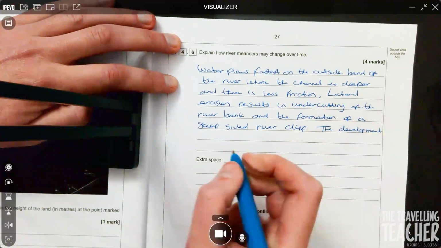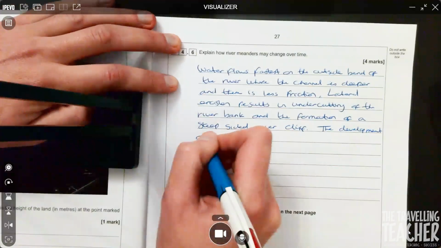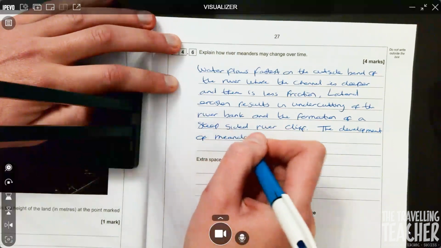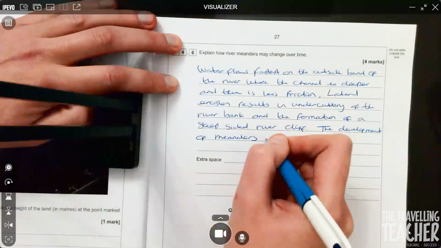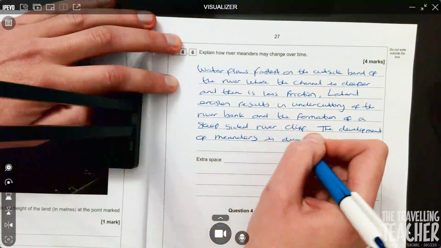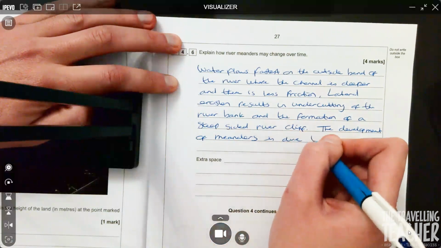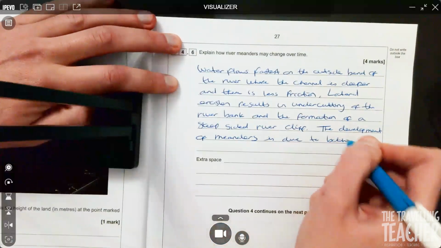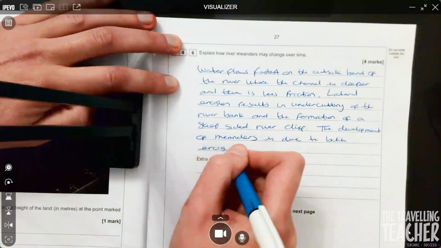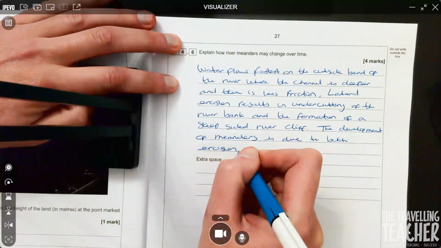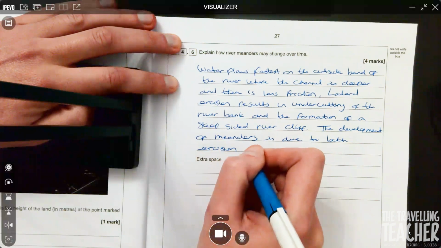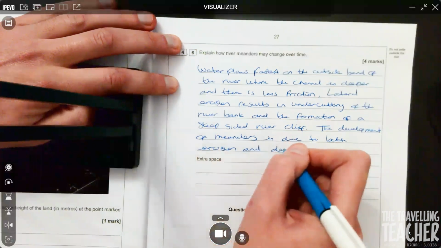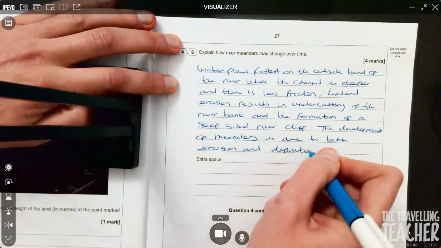The development of meanders is due to both erosion and deposition.